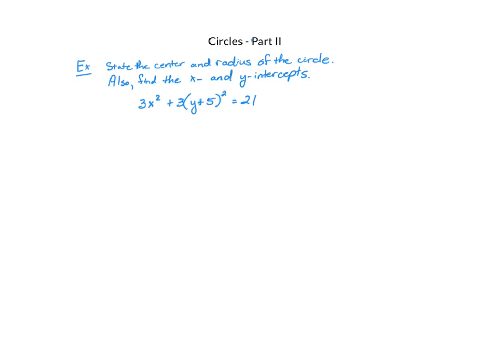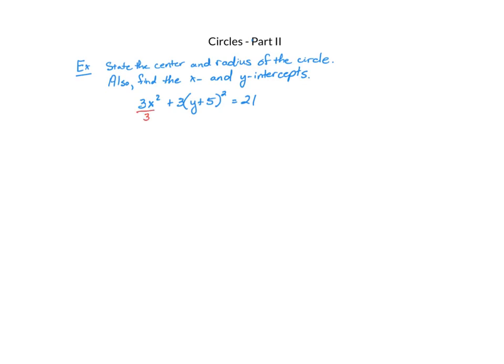So let's get started. Notice it is 3x squared plus 3 times the quantity (y plus 5) squared equals 21. Because of these 3's right here, it's not in standard form. So let's just divide both sides by 3 and put it in standard form.